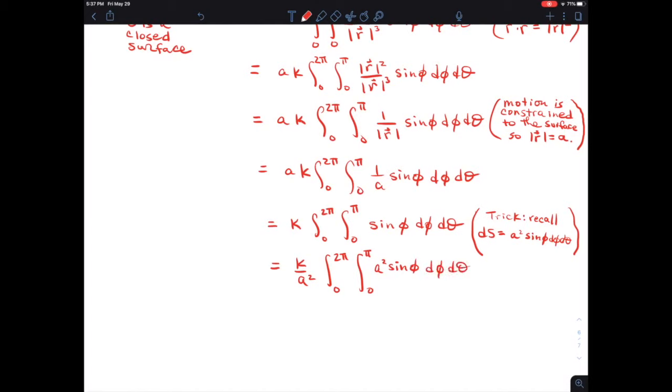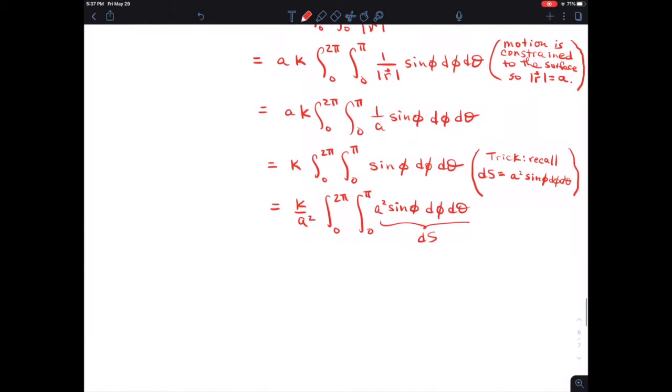Okay, so this is just ds. It just looks so much like ds that I wanted to make it ds. Because in the end, you get this k over a squared, a double integral. You're still integrating over the sphere, just ds is what you're doing.